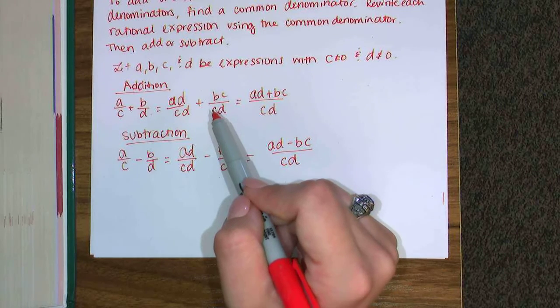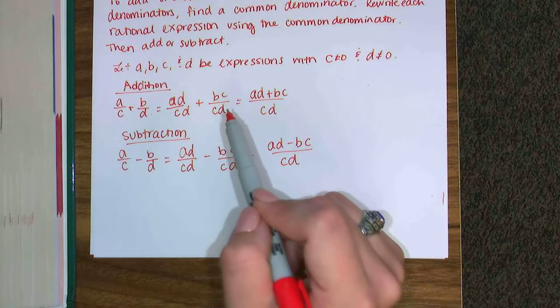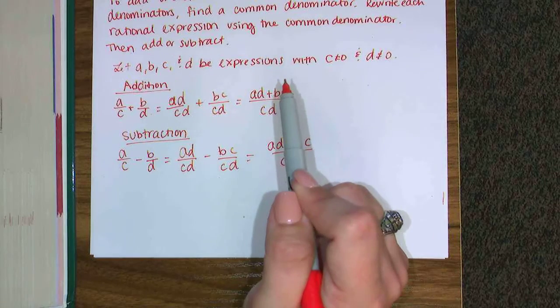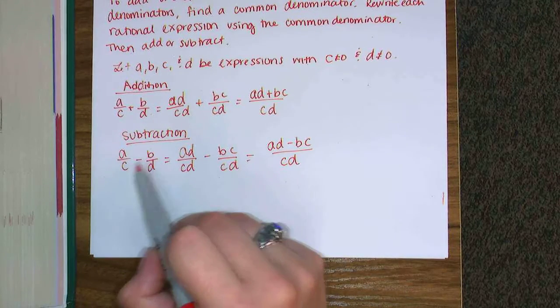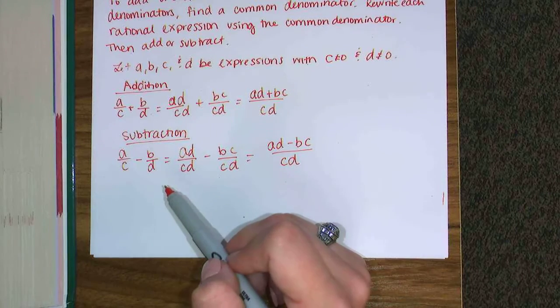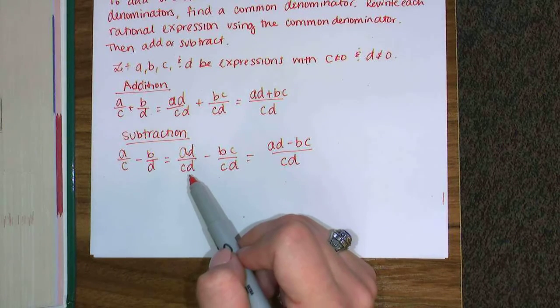However, if you use the least common denominator, which is the least common multiple of the denominators, you may have less simplifying to do. So it might be easier to find the least common multiple, but multiplying this one by this denominator and this one by this denominator is always an option, and that's the method I will probably most commonly use, though not always.